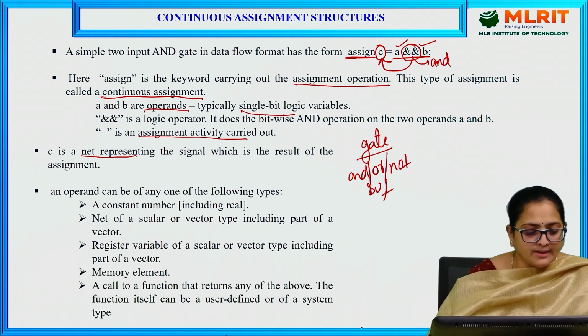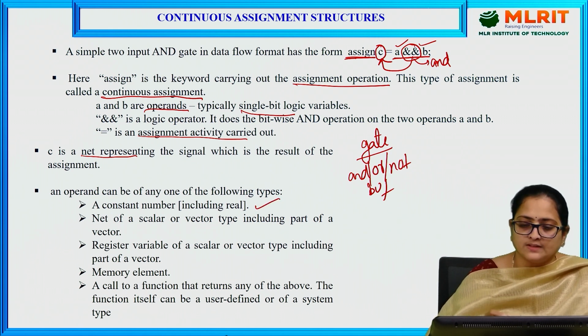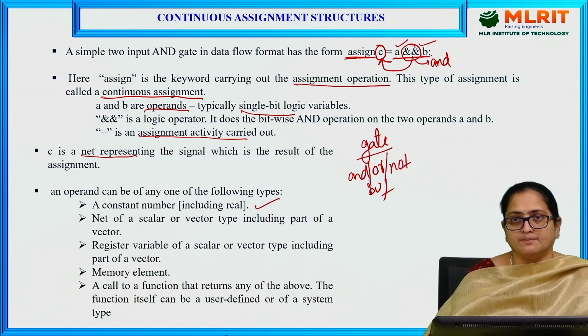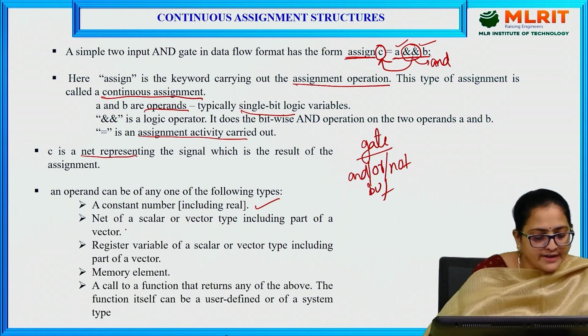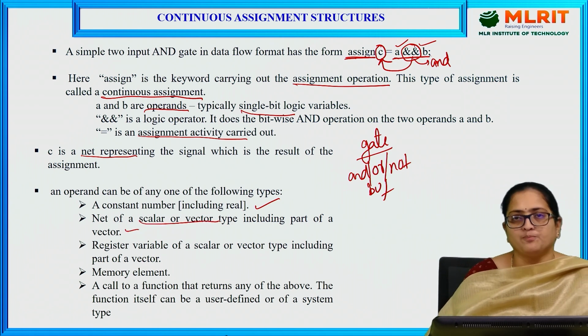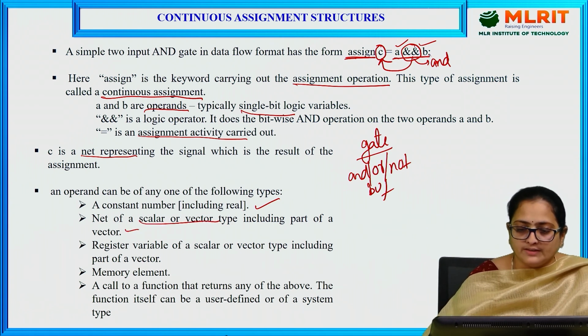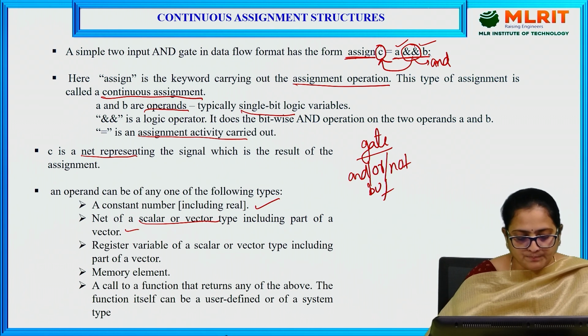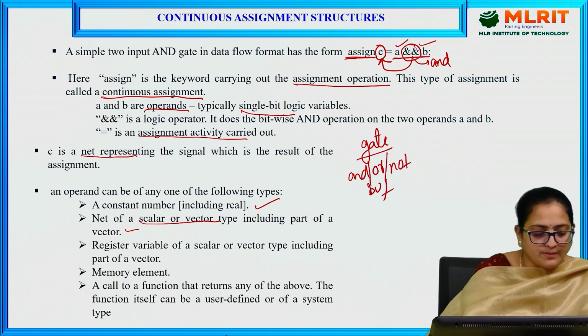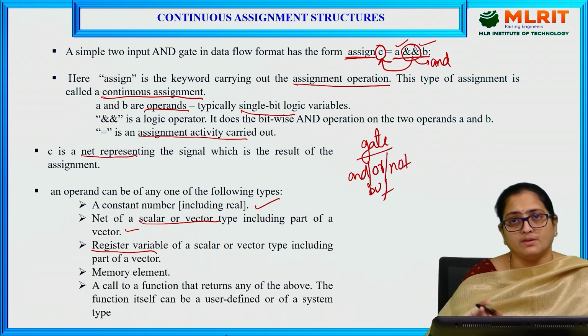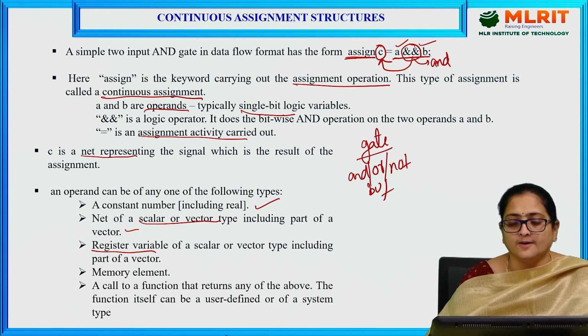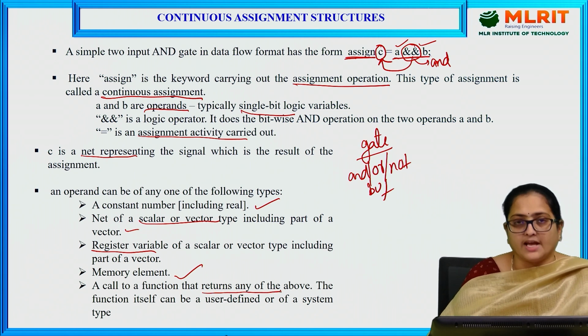An operand can be any of the following. The operands may be constant numbers, or nets of scalar or vector type. These operands may be a register variable, either a scalar or a vector, or they may be memory elements, or a call to a function that returns any of the above.